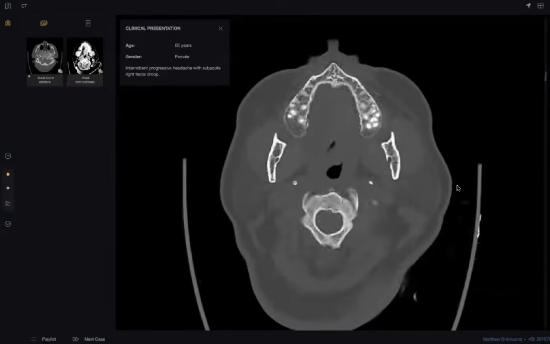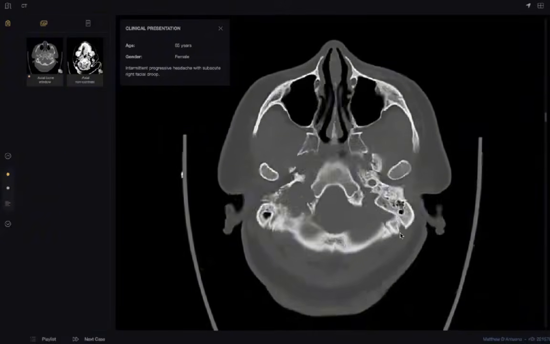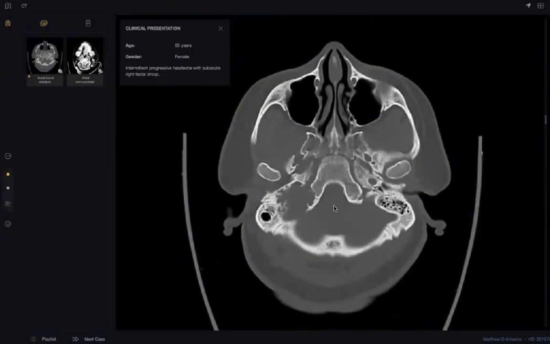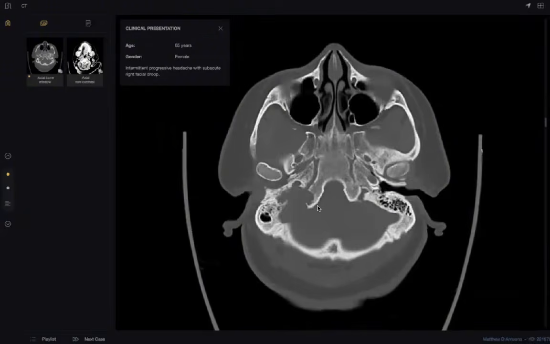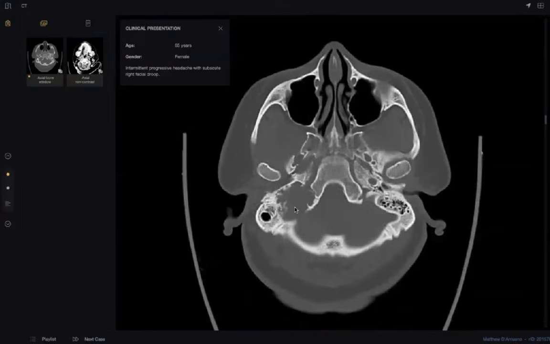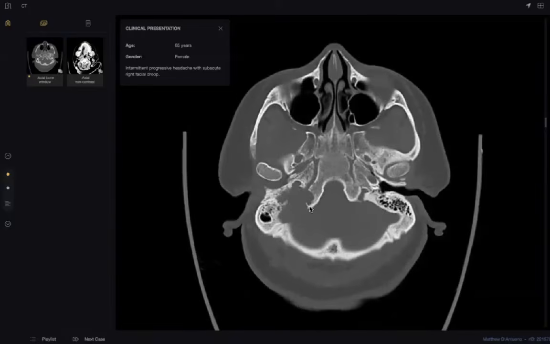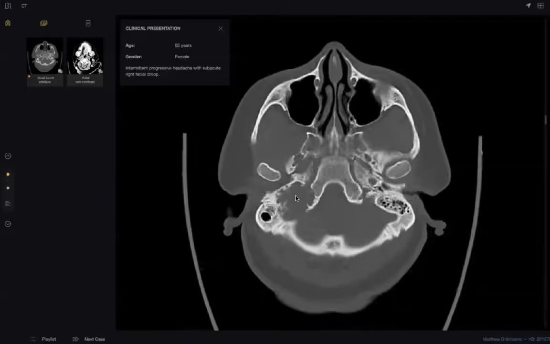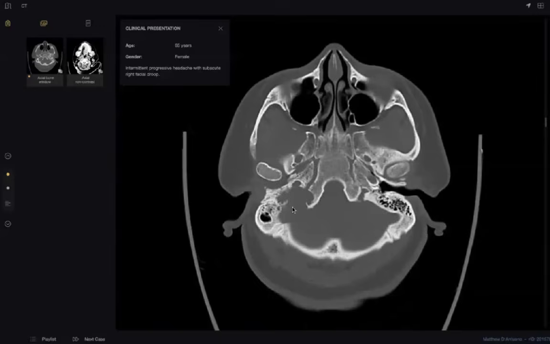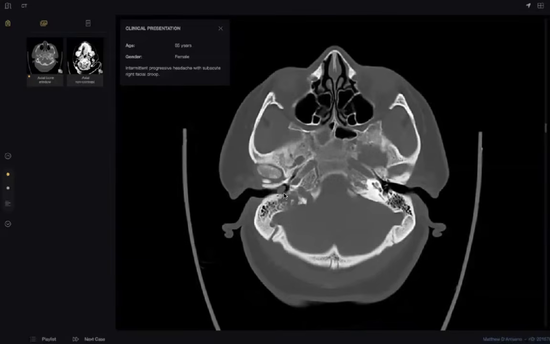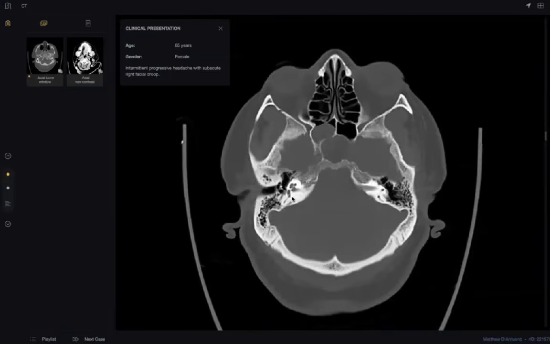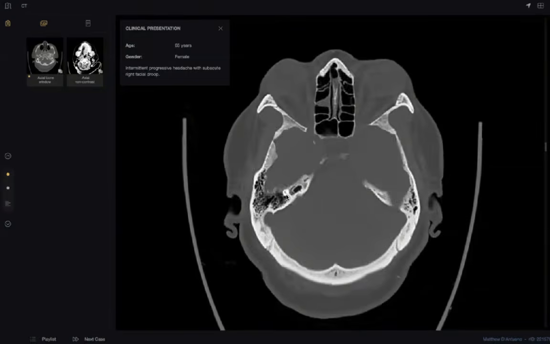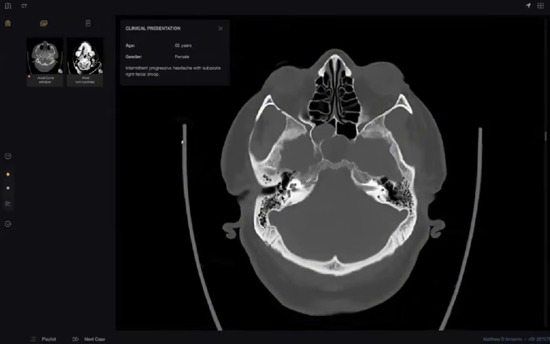Okay, so I can see there is evidence of a destructive area noted in the region of the right mastoid air cells involving the right jugular fossa, also extending into the inner ear. The inner ear appears normal. The middle ear cavity also appears normal.